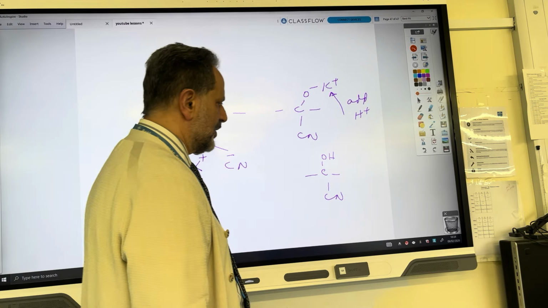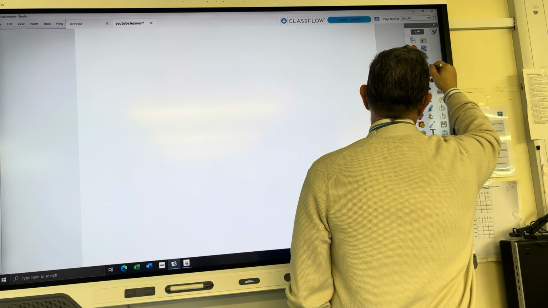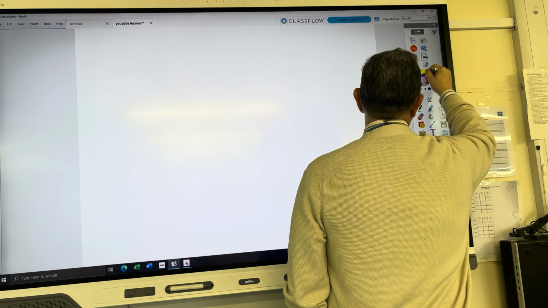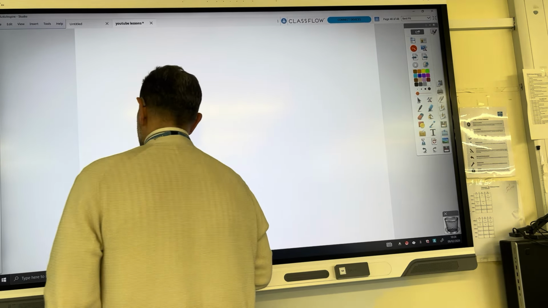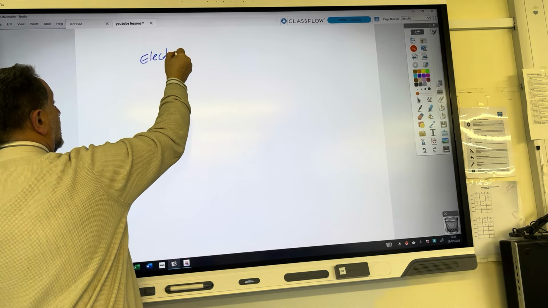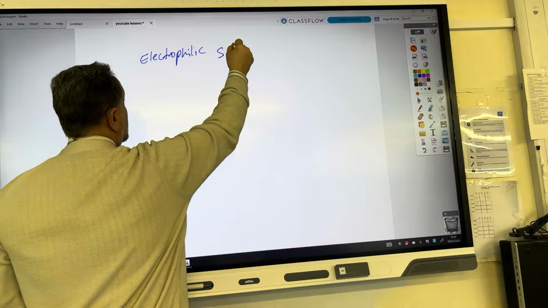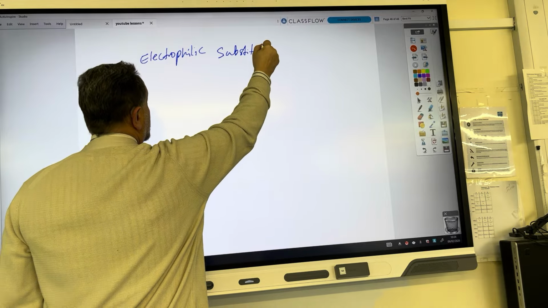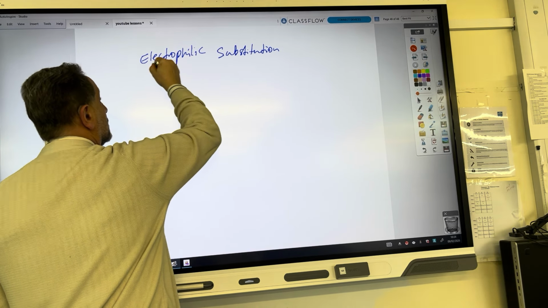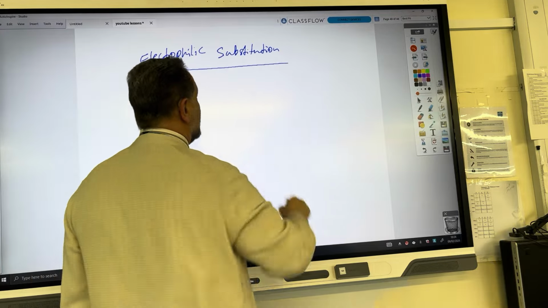And the next one I want to perhaps go through and wrap this up is electrophilic substitution. Electrophilic substitution.